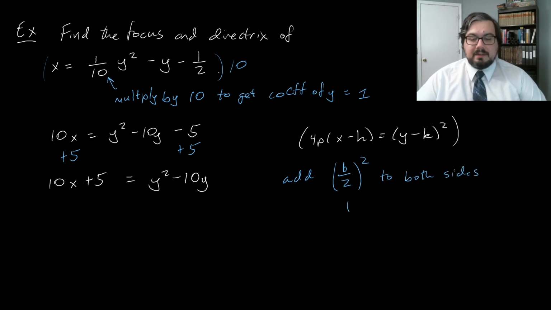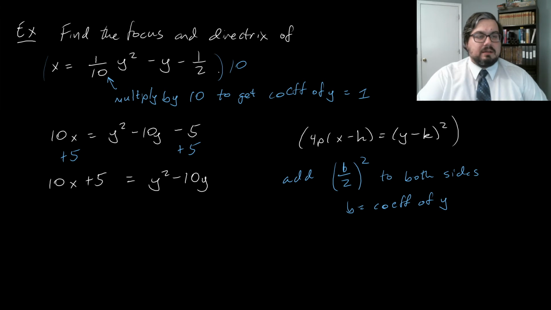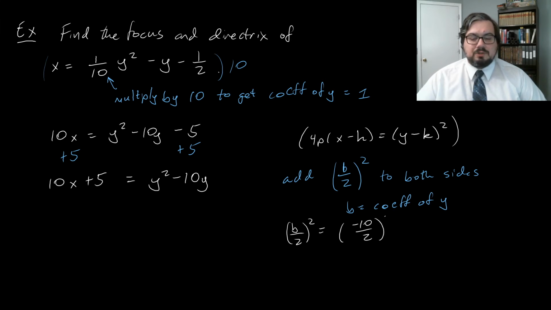where b is the coefficient of y, the term with y raised to the first power. Now in this case, b over 2 squared is equal to negative 10 over 2 squared, which is negative 5 squared, which is 25.